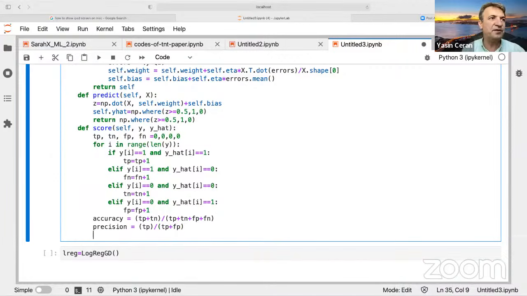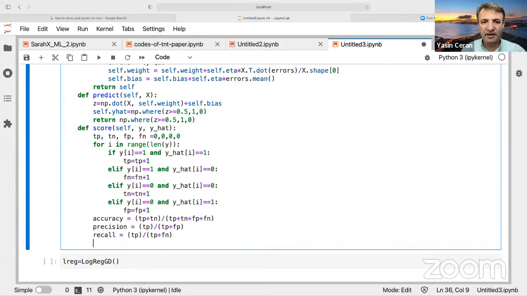That is precision. Recall is true positive divided by true positive plus false negative.